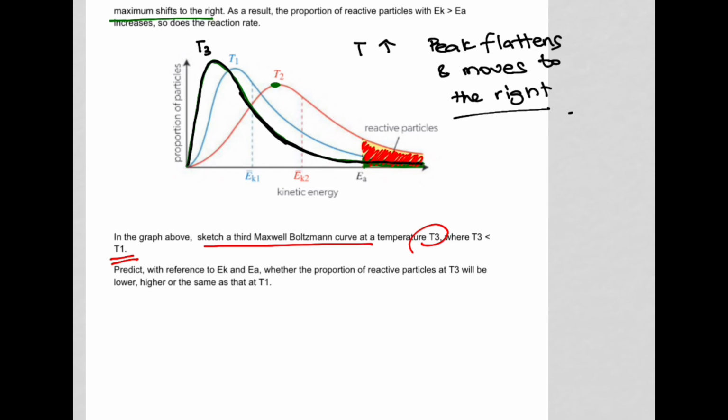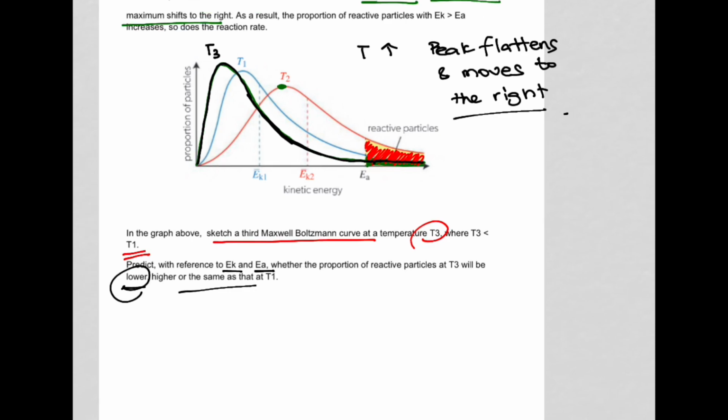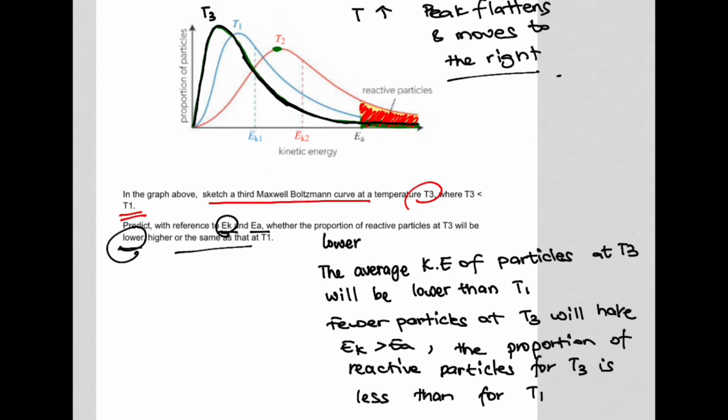Now predict with reference to kinetic energy and activation energy whether the proportion of reactive particles will be lower, higher, or the same. So definitely you can see here it's going to be lower. So we can see here that the average kinetic energy of particles for T3 will be lower than for T1.